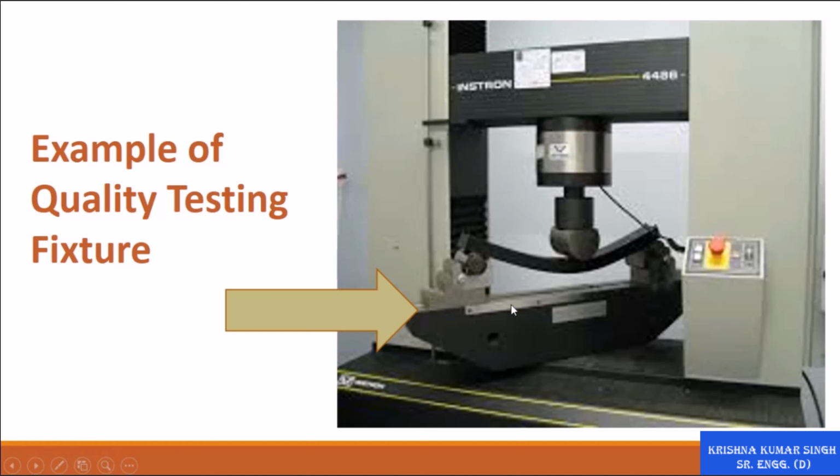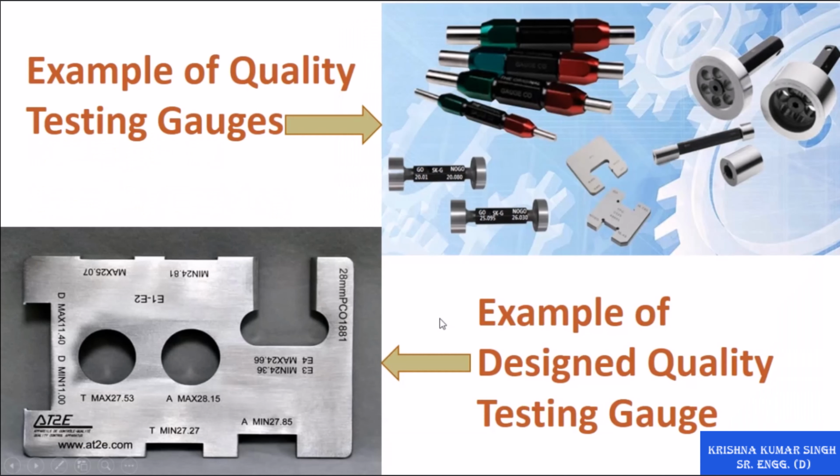I've also designed a course on this. Sometimes you need to design these sorts of fixtures for testing purposes, as I've told you, and you use them for performing shear load tests. We need to design these kinds of fixtures, and sometimes their sorts of testing gauges.